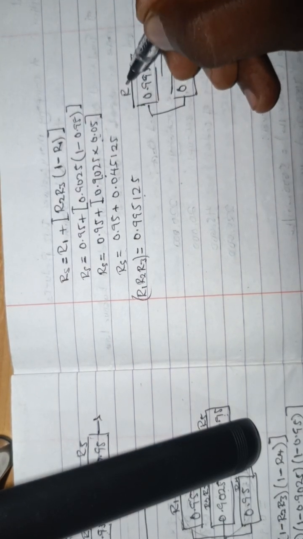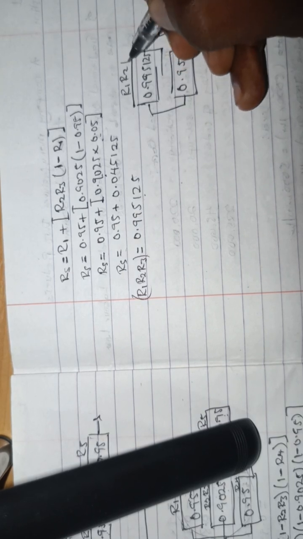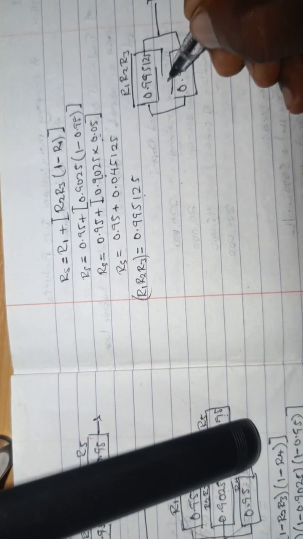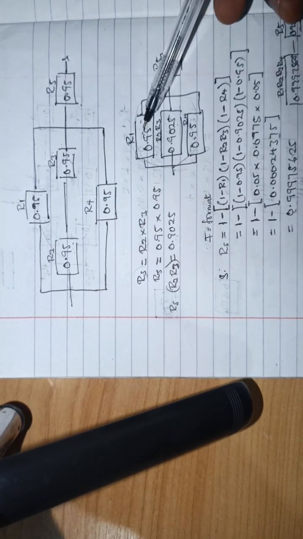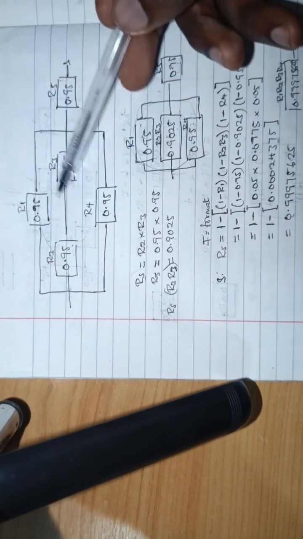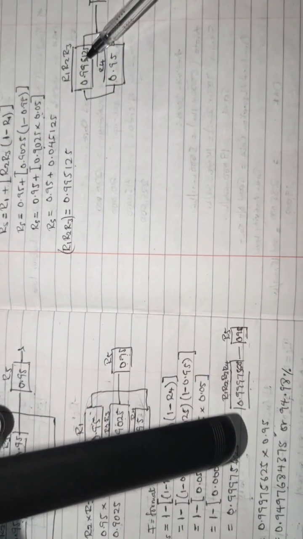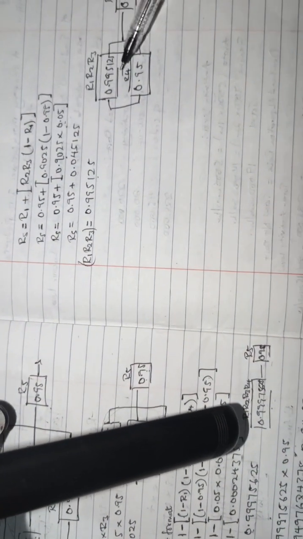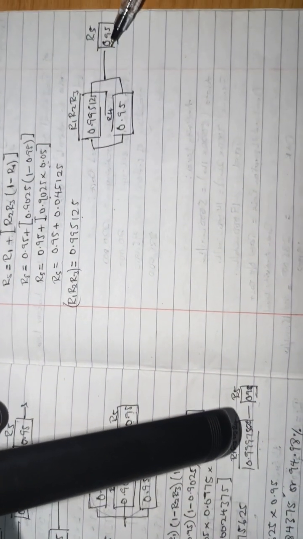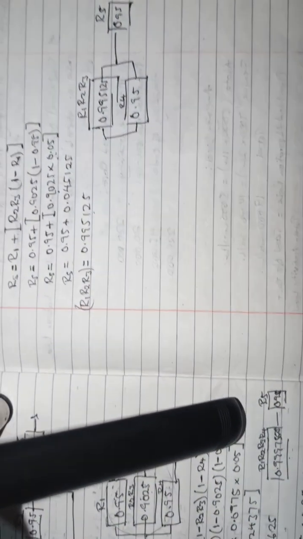So this is R1, R2, R3, and this is R4. I hope you can see that. We deduce it all from using this and this. So using this and this, we now have this. So we just have to use the same reliability format to find this and this. Then finally, we will use a series to find this. All right, so let's continue.